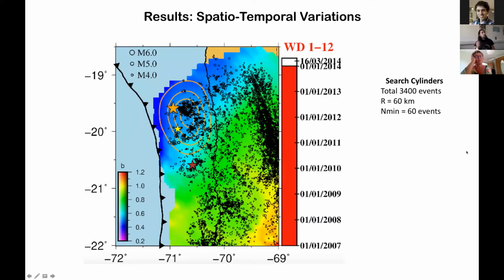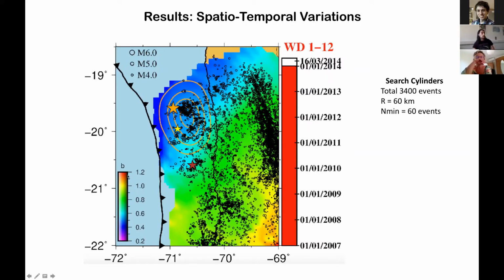Now, for the spatio-temporal variations, I have here a map of the spatial distribution of b-value. This map is color coded by b-value. The blue colors indicate low b-values, and the yellowish and up to reddish colors indicate high b-values.